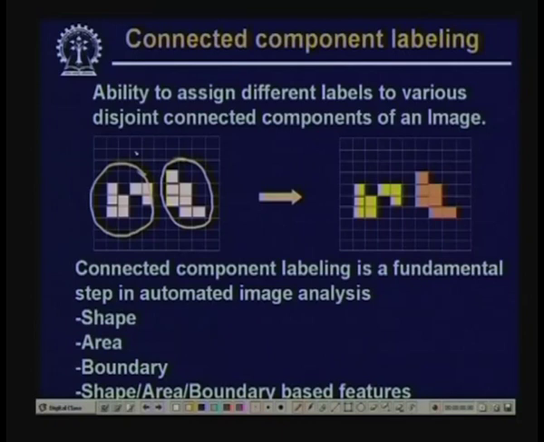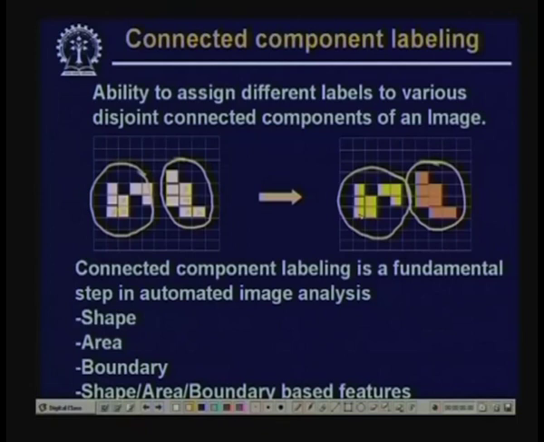So, after connected component labeling, we should be able to say that this and the other pixels belong to one particular region. Similarly, these pixels belong to another particular object. So, after component labeling, we should be able to partition these pixels into two different groups, as is shown here in yellow color and red color.